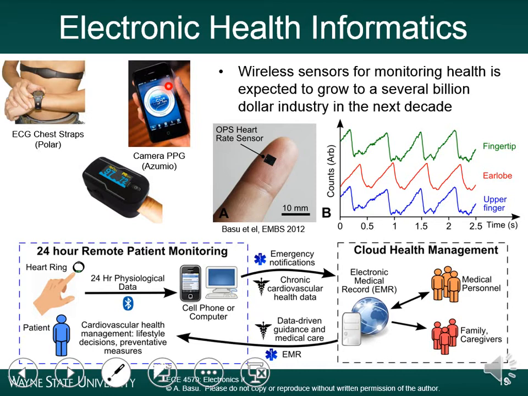That's an example of where semiconductor devices are being used for health applications. Our group is working on a heart rate sensor, like a wearable sensor that you can wear on your earlobe. So it's like a small earring, not much larger than a dime, that you can wear on your earlobe, and it'll constantly monitor your heart rate and send the information wirelessly to a cell phone.